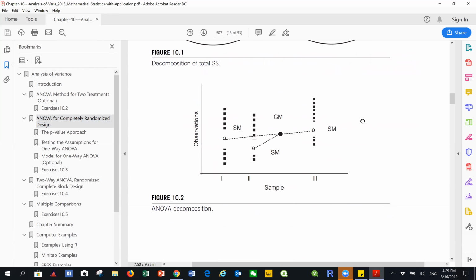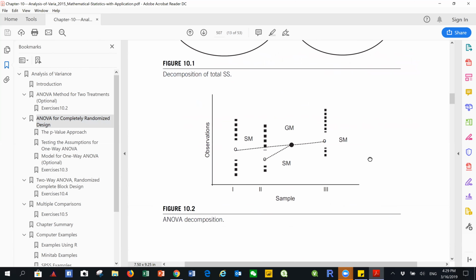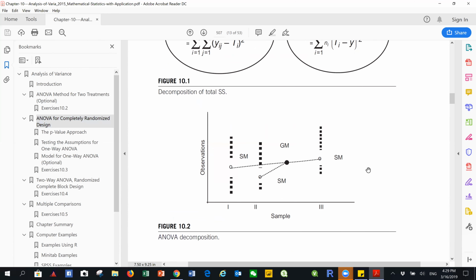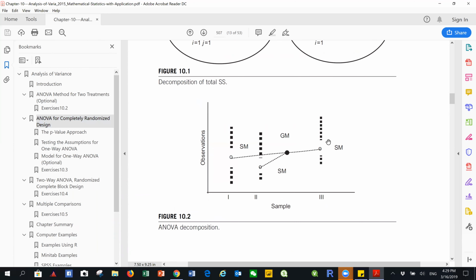The rationale is that with that, you see, what we are analyzing is the variances. Then when we have the variances, here's the rationale. Are the differences in the means due to the variations within the samples?